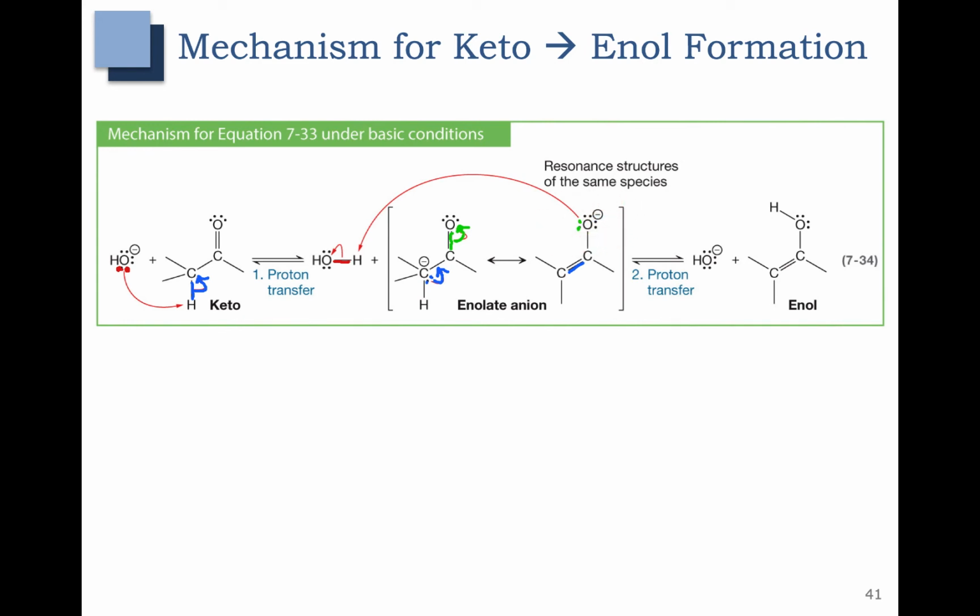So now that O- needs a proton to become the enol form. And that green lone pair is going to come over here and pick up a hydrogen from the water we formed in step 1. That's going to cause the hydrogen-oxygen bond to break and put a red lone pair on hydroxide.